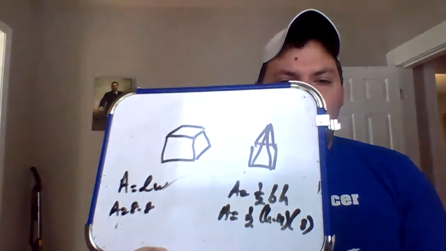Okay, so the area of the cube is length times width. The area of the triangle is 1/2 base times height. Area equals 8 times 8. Area equals 1/2 times 6.4 times 8. Okay, so these should be your 2 formulas.